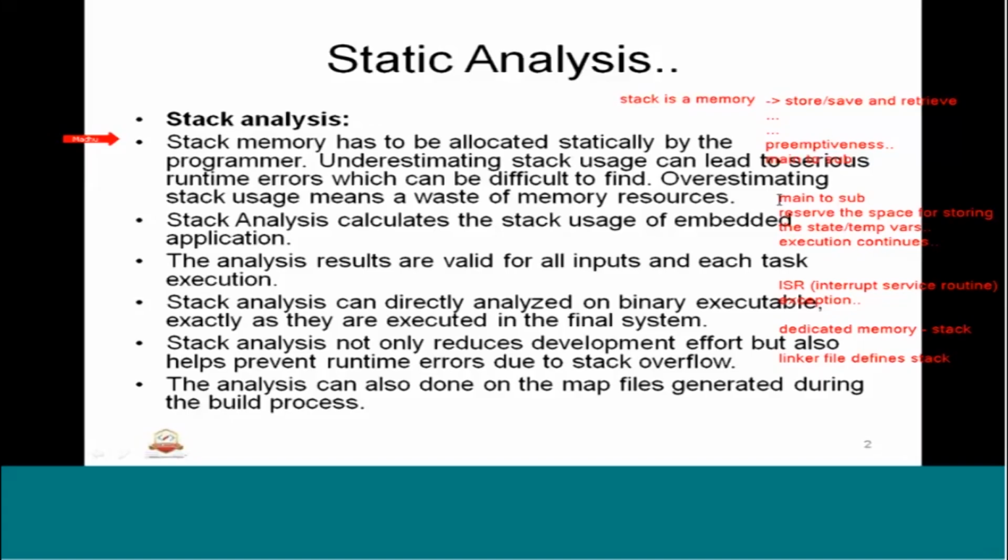This is based on the complexity and the level of nesting, the subroutine calls, the number of ISRs, all these matters. So based on that, the stack will be defined. It could be 1K, 2K, whatever it is, depending on the complexity of the program.